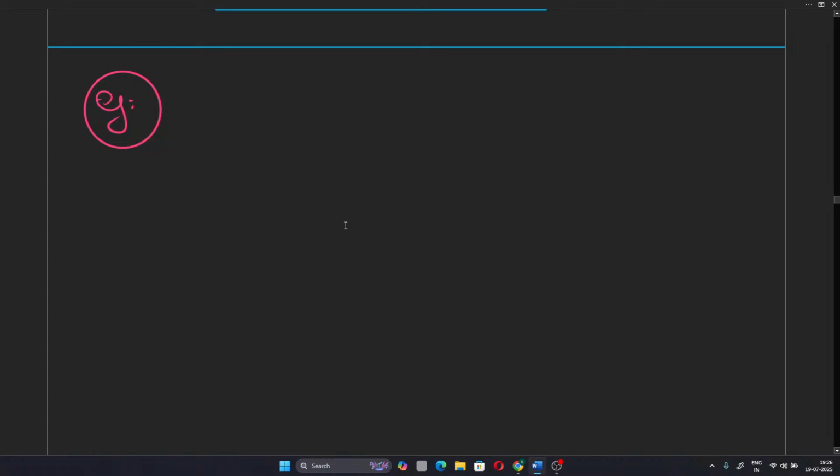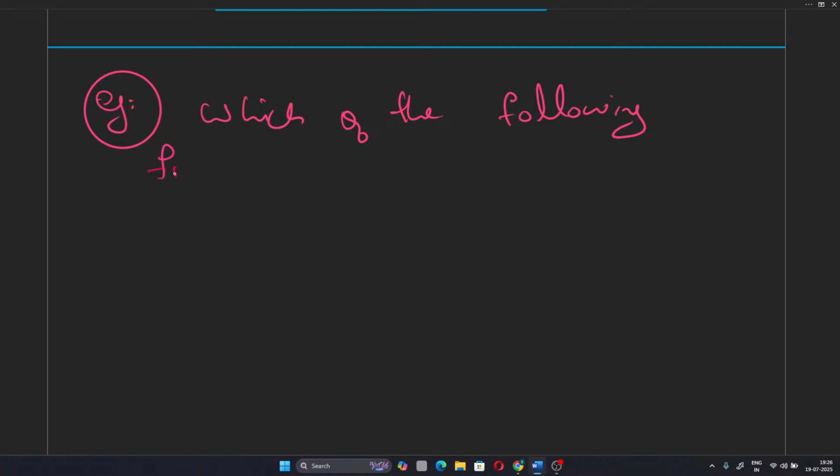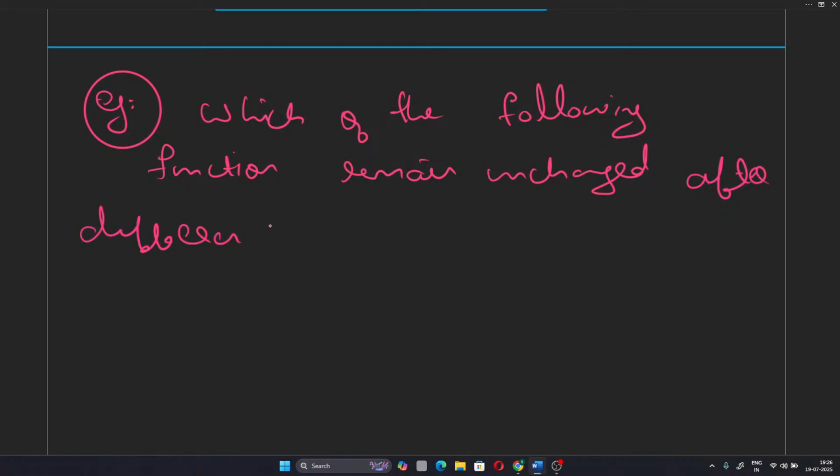This is an easy question: which of the following functions remains unchanged after differentiation or integration?